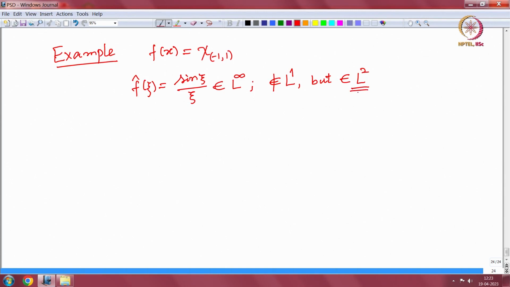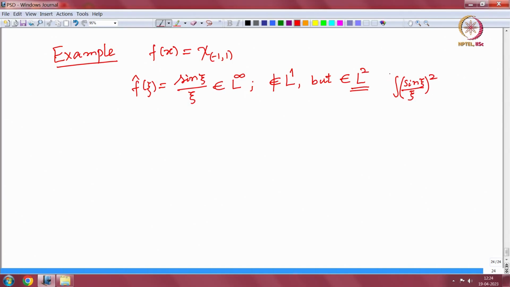we have a way of computing this integral of sin j by j squared. Later on, when we study the Plancherel theorem and the Parseval relation, there is a relation between this integral and the L2 integral of the function f itself.